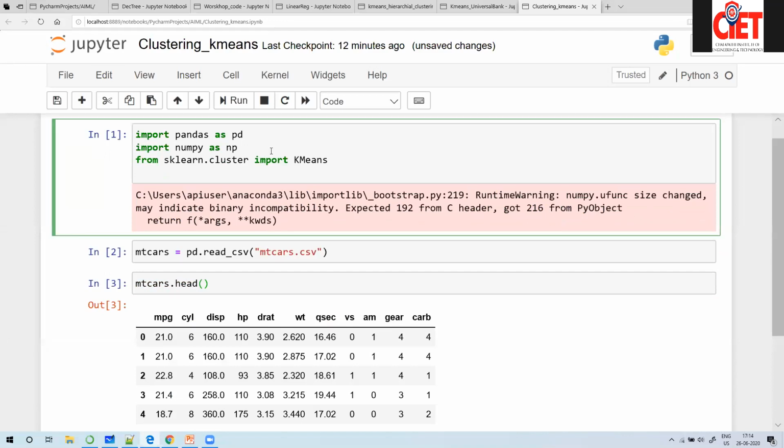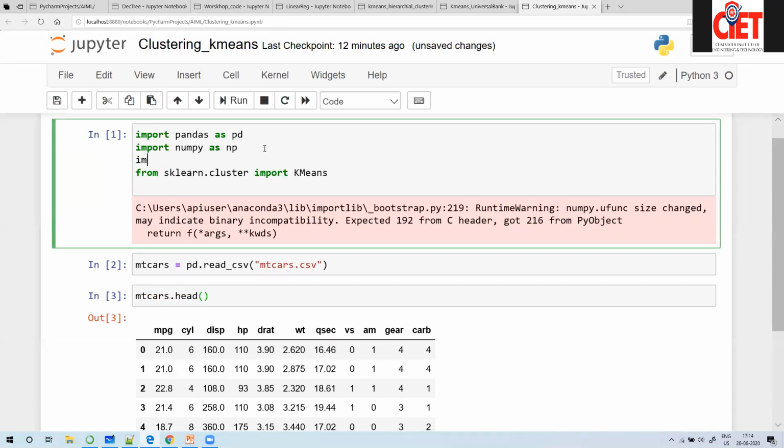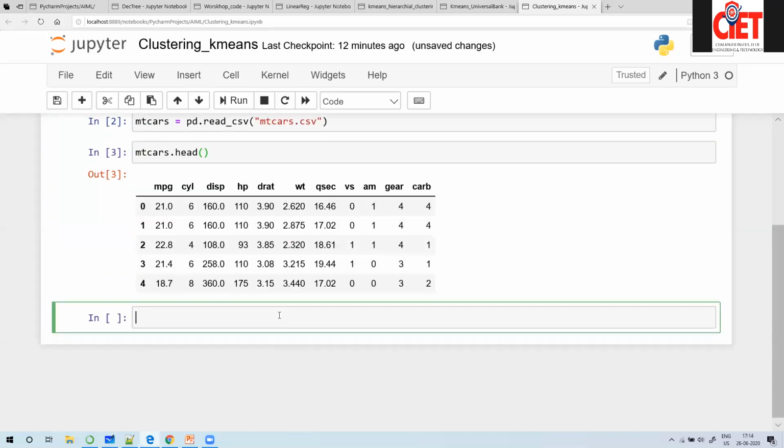Oh yeah, we need normalization, right? From sklearn.preprocessing import MinMaxScaler. Okay, that should do the job.